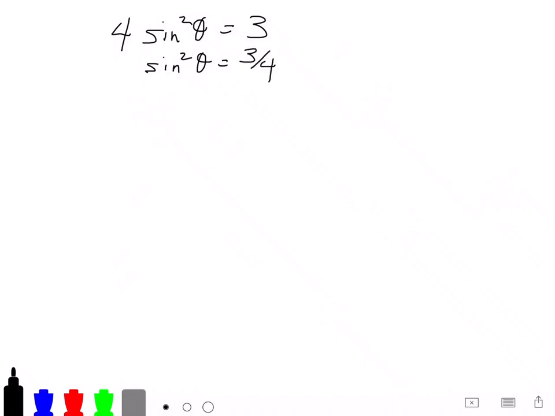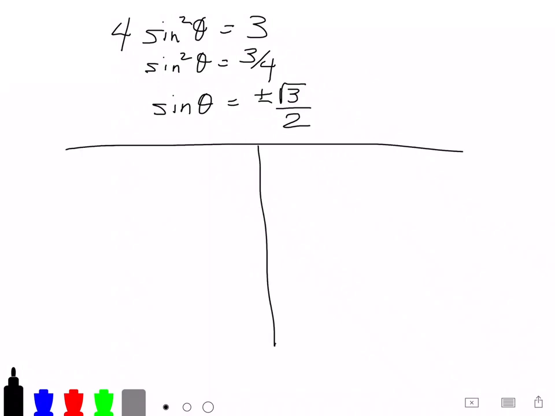That means that the sine of theta, taking the square root of both sides, is equal to plus or minus the square root of 3 over 2. So I'm going to have two cases here. One is the positive square root of 3 over 2 case.